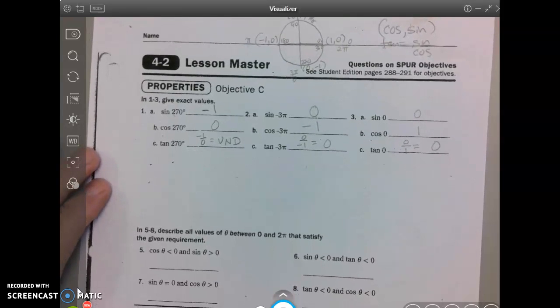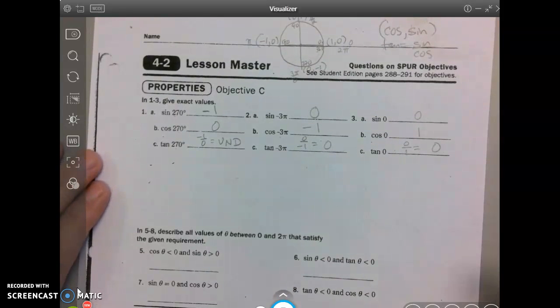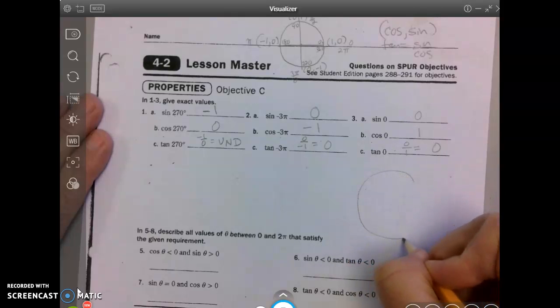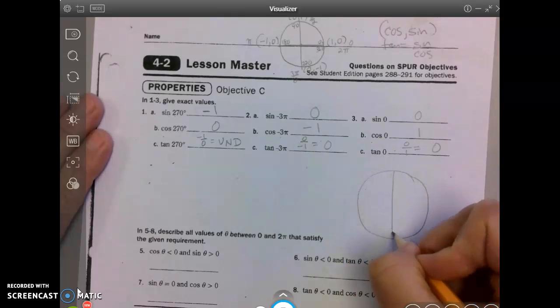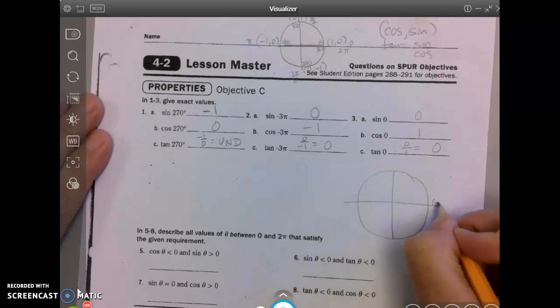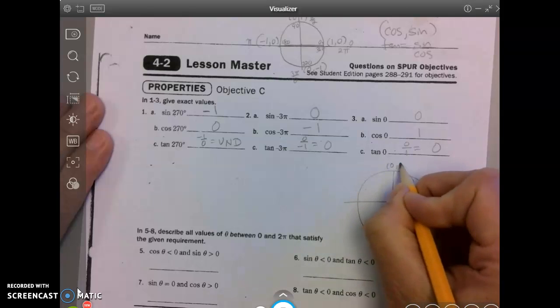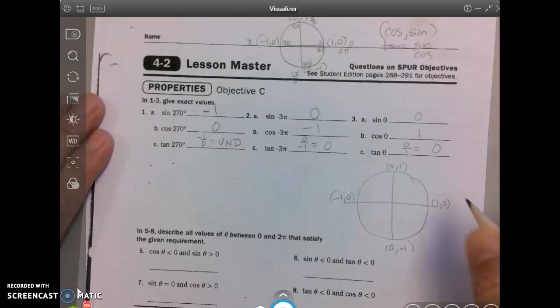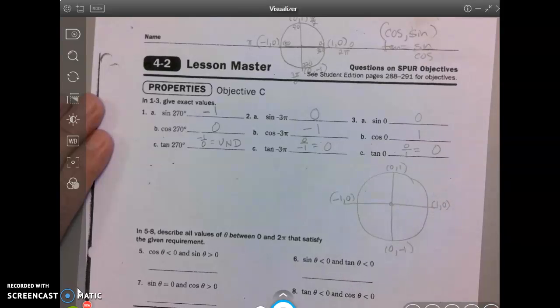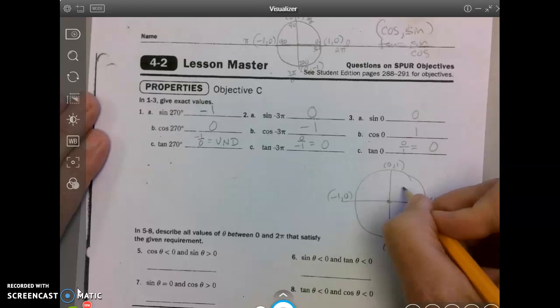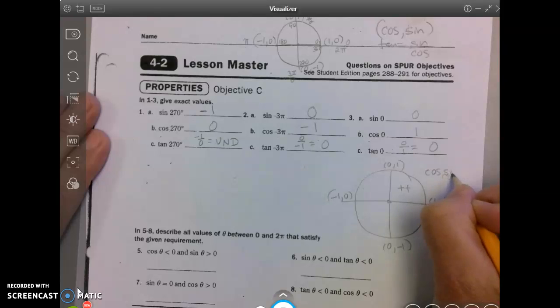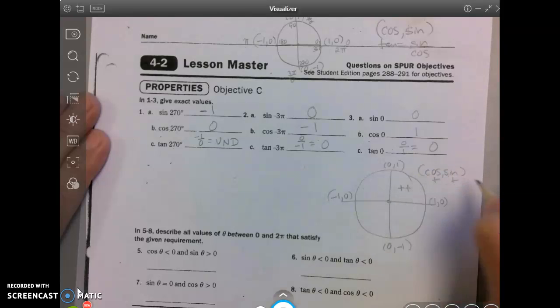Next part. It says describe all values, excuse me, of theta between 0 and 2 pi that satisfy the given requirement. One of the things we have to realize in my unit circle, where I have 1, 0, 0, 1, negative 1, 0, 0, negative 1. This is the origin, 0, 0. This quadrant here is positive, positive, which means cosine, sine is positive, positive.